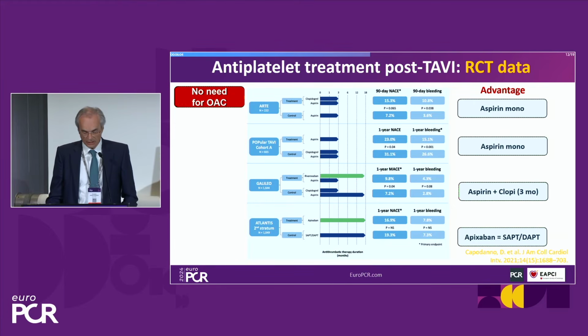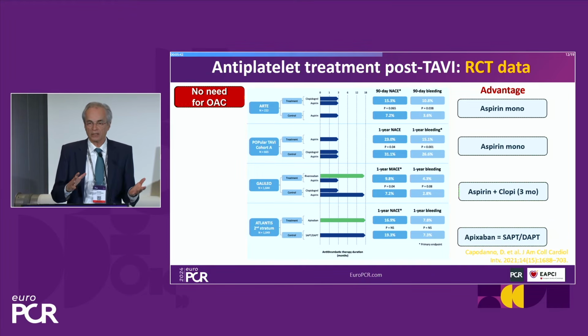In the ARTE trial, they say that monotherapy with aspirin is more advantageous as compared to dual antiplatelet therapy. The same is true for POPular TAVI cohort A. In the GALILEO trial, you have the comparison between a NOAC, rivaroxaban, and dual antiplatelet therapy.